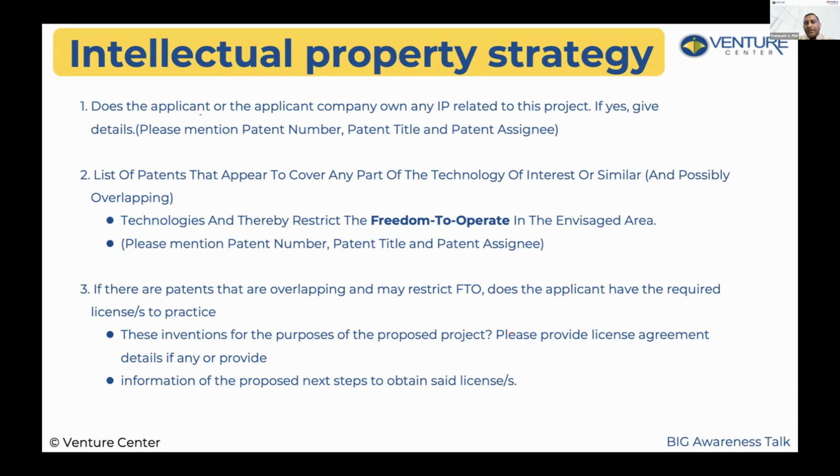And the corollary to this is, even if you own a patent, it doesn't mean you can practice it. You can own a patent, but somebody owns an underlying patent which prevents you from practicing, and that is also a problem.